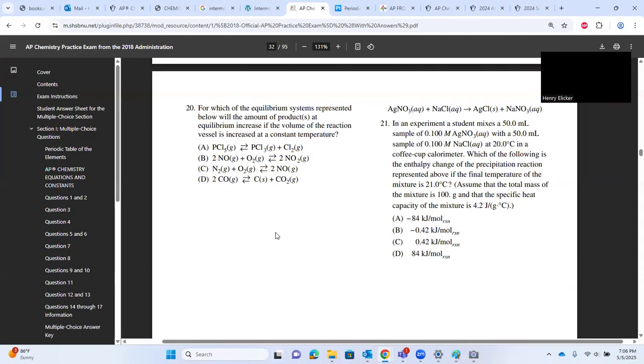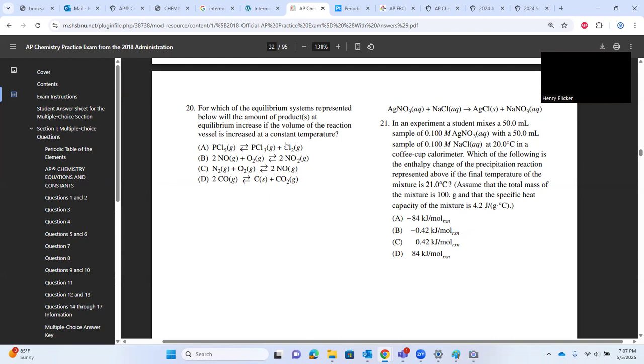And so the question is, well, we're saying that the volume of the vessel is increased. Well, notice that for this one, this caught my eye because we have 1 mole of gas on the left side and 2 moles on the right side. The 2 moles occupy a bigger volume. So if I stretch out the volume of that container, well, guess what? We have more volume.